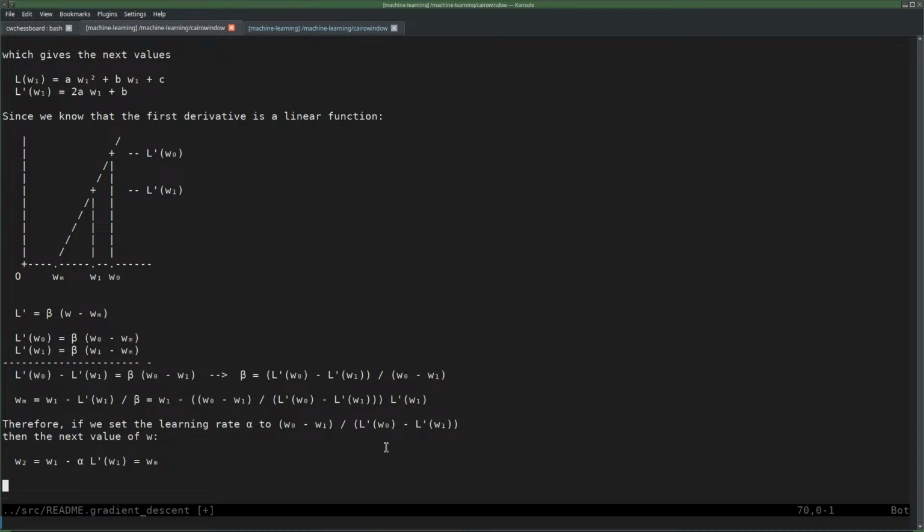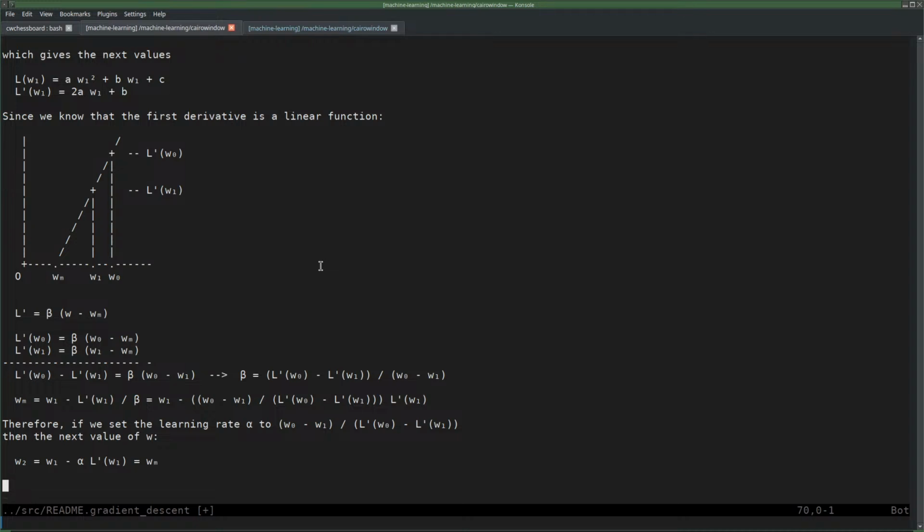I'm thinking about if I want to swap these two and these two as well. Mathematically exactly the same, of course, but maybe go from W0 to W1.